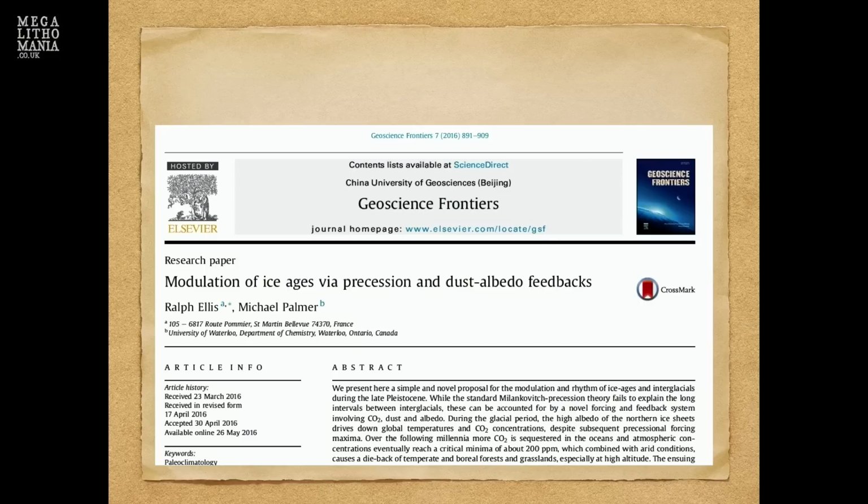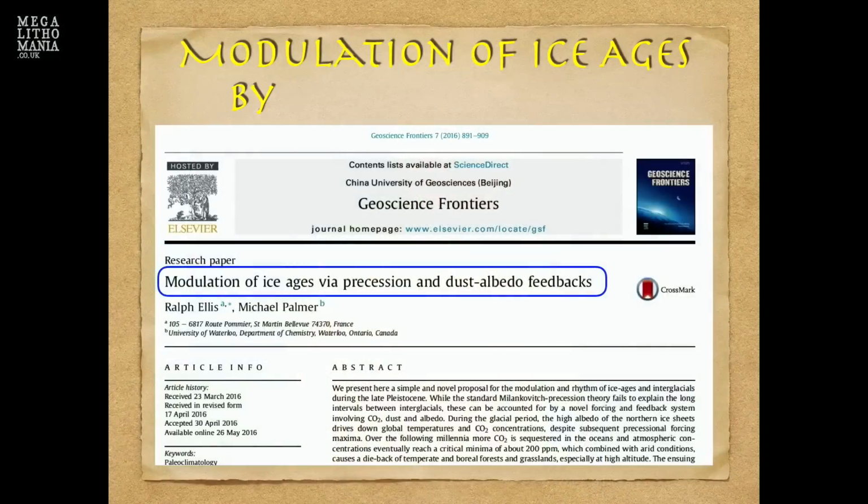We had a rough idea, but we had no idea how they were fully modulated. So I wrote this paper, and it's called Modulation of Ice Ages via Precession and Dust Albedo Feedbacks. We're coming back to precession here again. And it's been very successful.